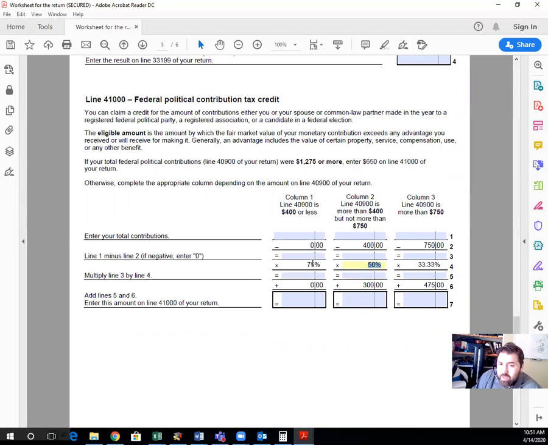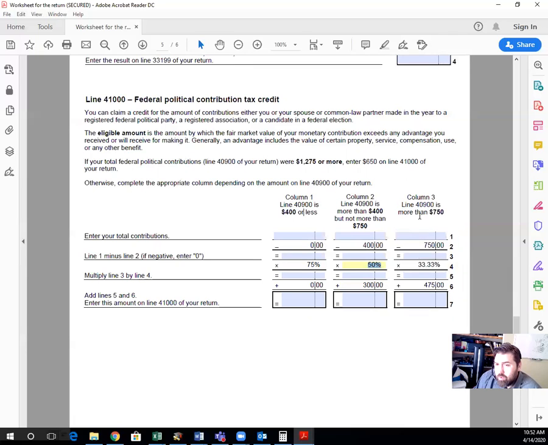So you take the $300 from the first 400, because 75% of $400 is $300, and then any amount over 400 but 750 or less, so an extra $350, would be multiplied by 50%. That would be another $175 of tax credit.